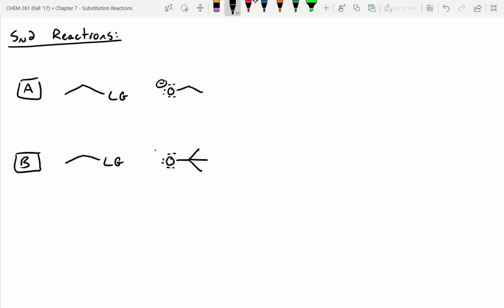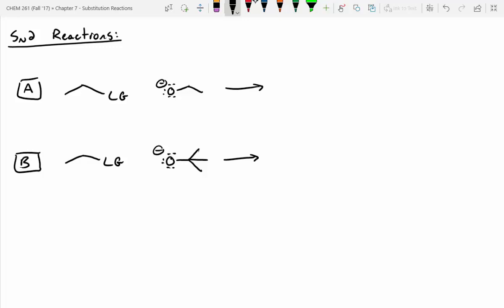And then I'm still going to have a nucleophile. And what we need to do is provide reaction pushing arrows and the products for this reaction. So I'll give you guys a minute to work on that. And then once you think you have the reaction pushing arrows and your products correct, talk with your neighbor and see which reaction will occur more quickly, reaction A or B.